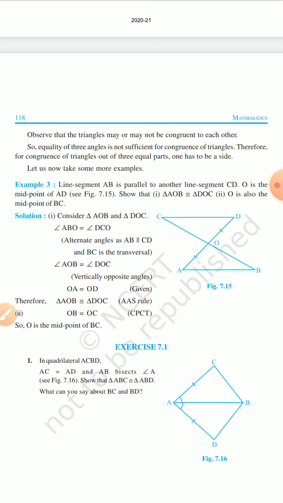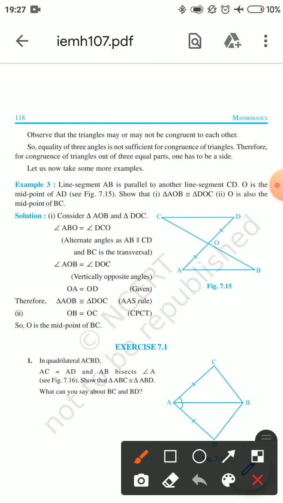So we will take these two triangles, triangle AOB and triangle DOC. Here you can see that angle ABO, that is this angle, is equal to angle DCO, right? Why? Because of alternate interior angles.